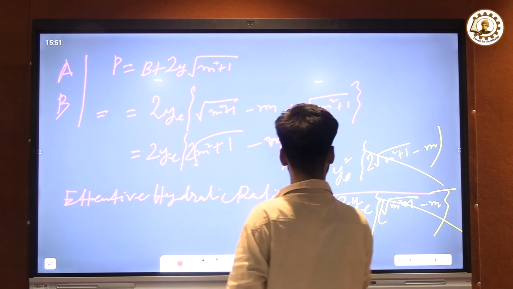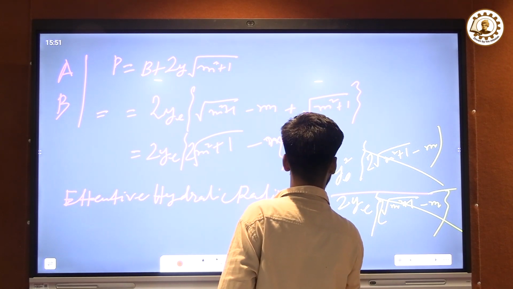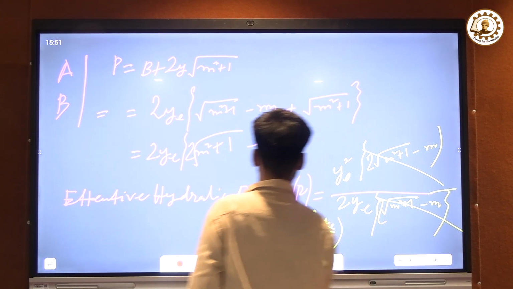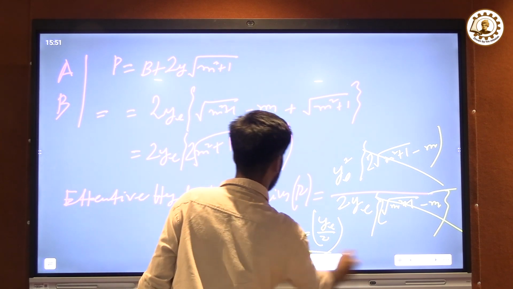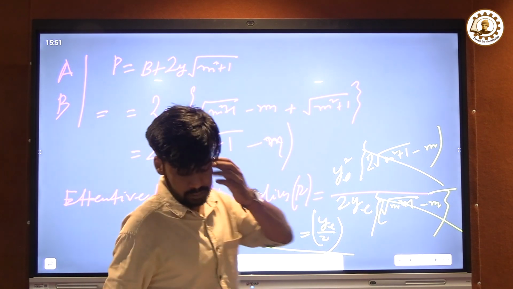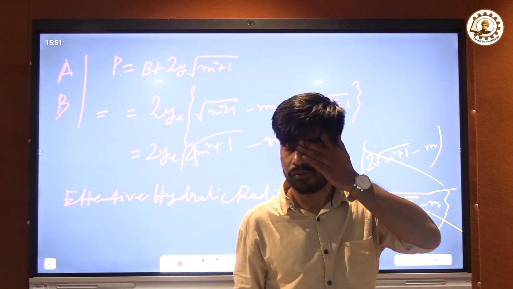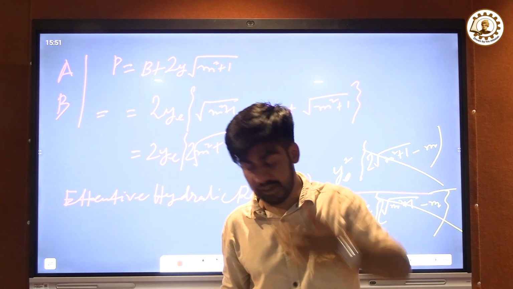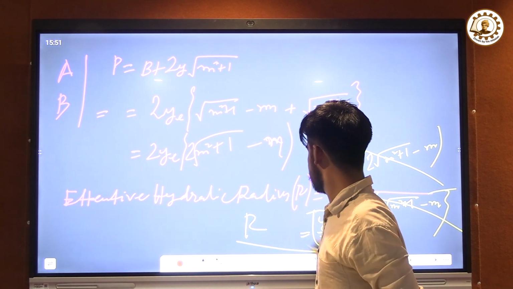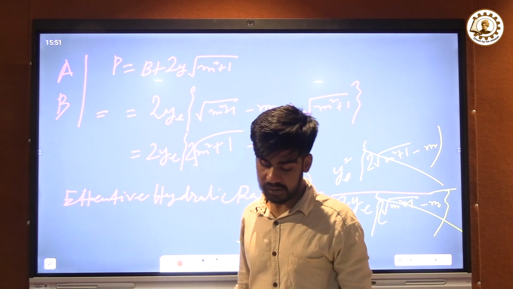Cancel out these two, then Ye by 2. So the R, the hydraulic radius of the efficient channel section, will be equal to this value for a trapezoidal channel.